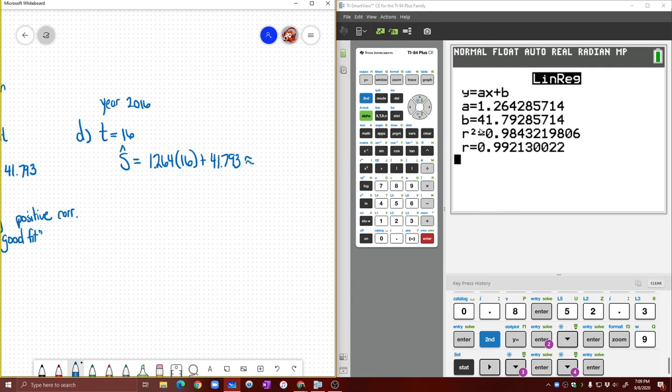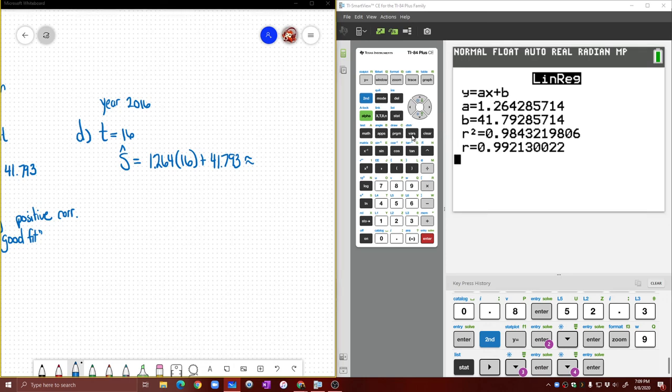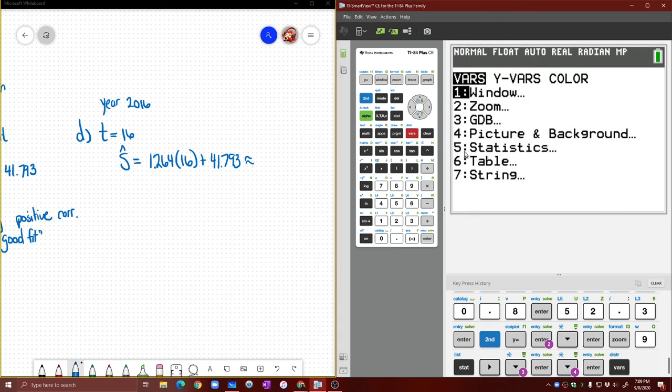So here's how you can use your calculator. Instead of writing all this out or using this approximate number to get another approximation, which is going to be slightly off, under your vars button, all these numbers are stored in the calculator. Push here.